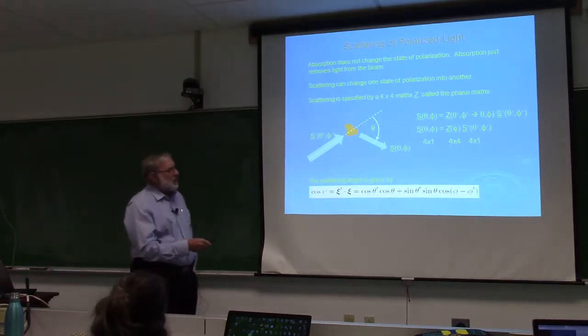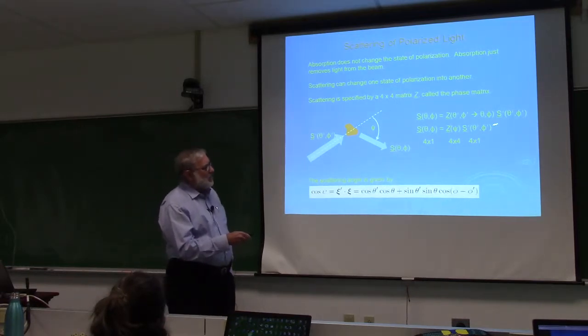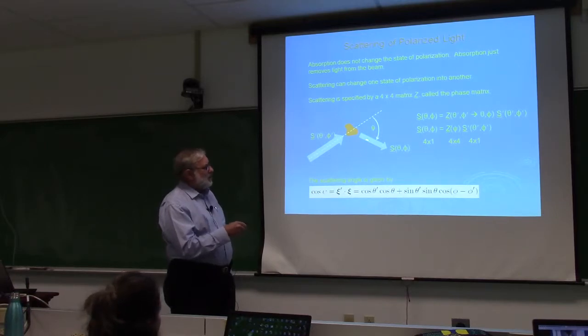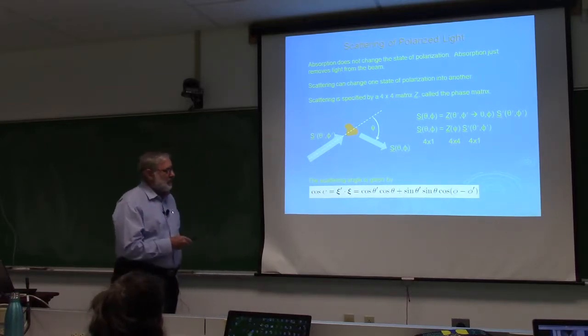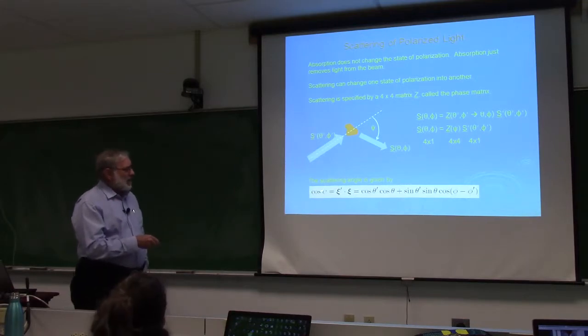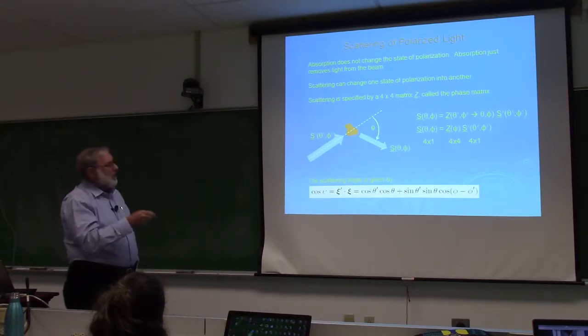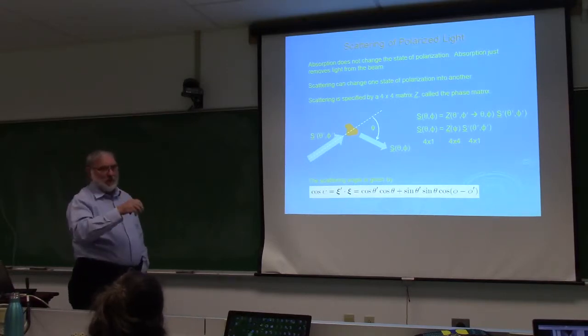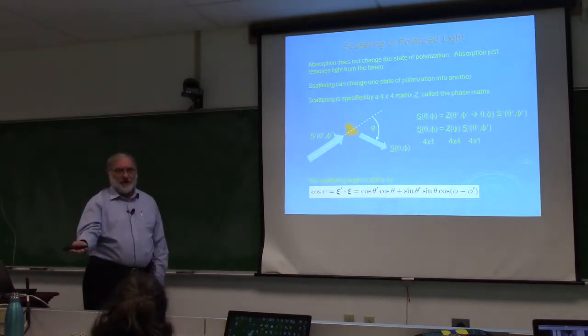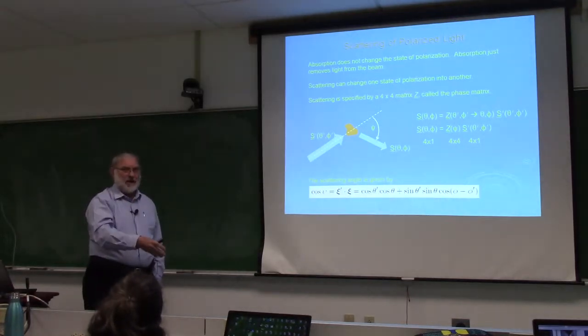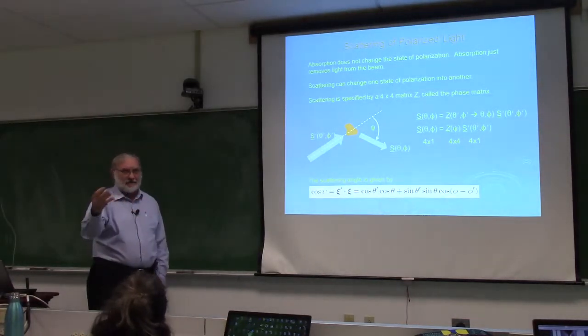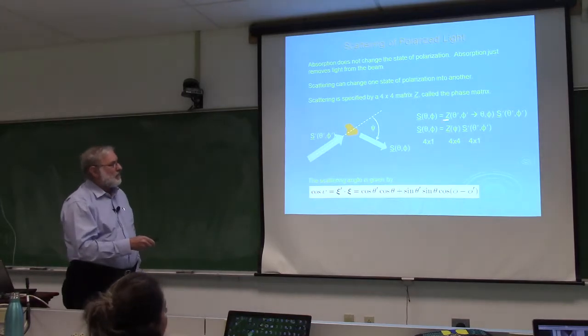Well, as Ken showed you today, you start out with the Stokes vector, it's going to get multiplied by a 4x4 matrix and end up with the scattered Stokes vector. And of course the scattering angle is given by our old friend here that we learned the other day. Then of course scattering can change one state of polarization into another. It can change unpolarized light into polarized and so on. So that's what those four elements do.